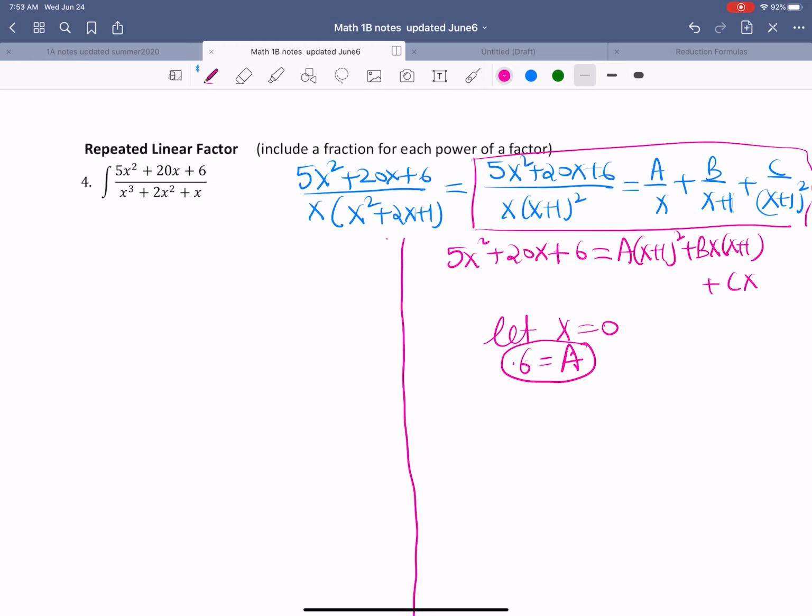Found the a. And let x be negative 1. If x is negative 1, I get 5 minus 20 plus 6 equal to, so negative 15 plus 6.